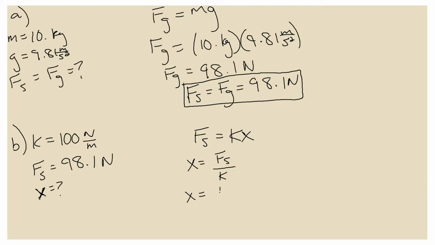We take our spring force, 98.1 newtons, divided by the spring constant, 100 newtons per meter. When you do that division, you have to flip and multiply that fraction with the unit on the bottom. So for the units, we end up getting newtons times meters over newtons. The newtons cancel, and we end up with meters, and so that's good.